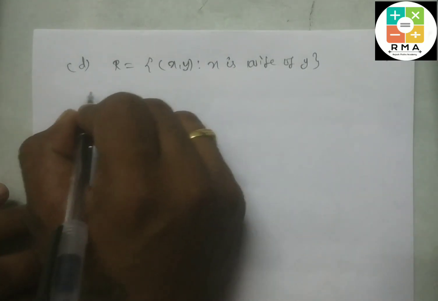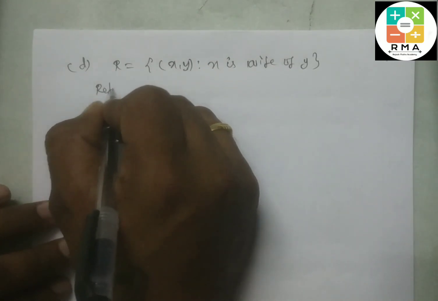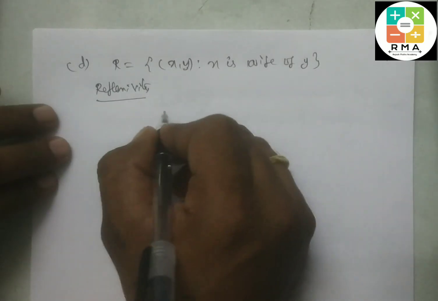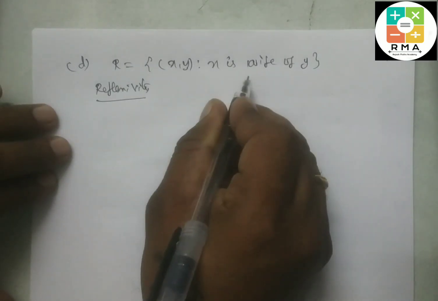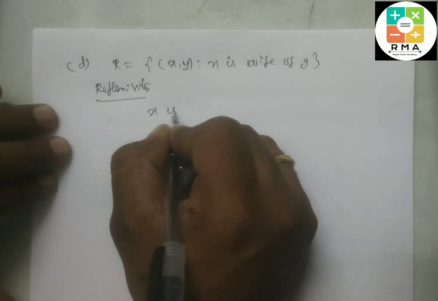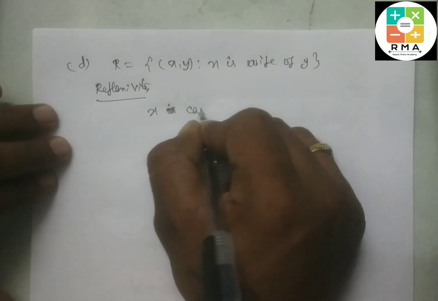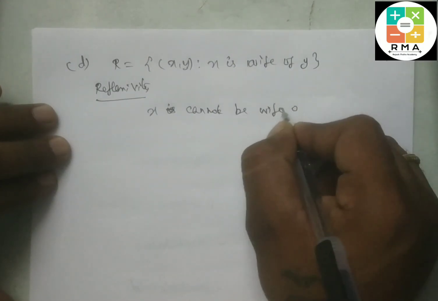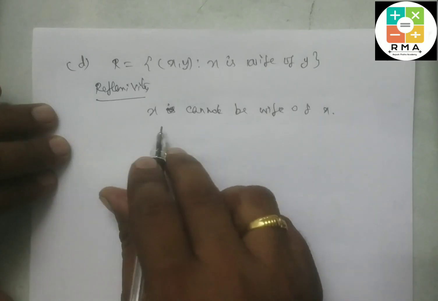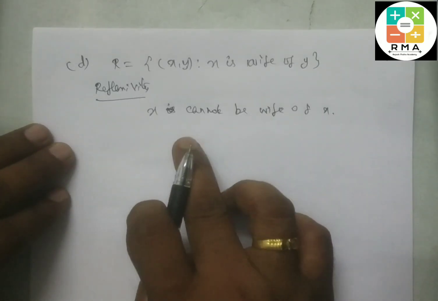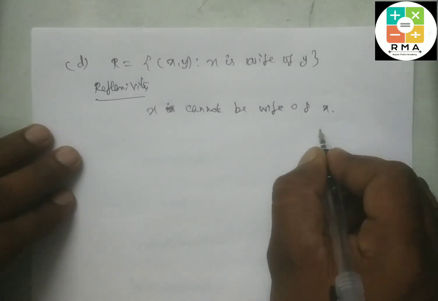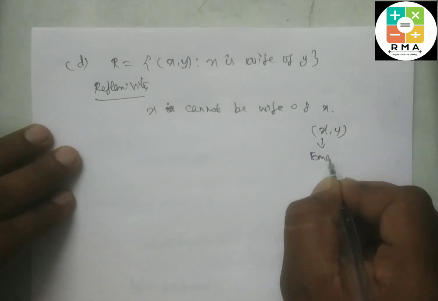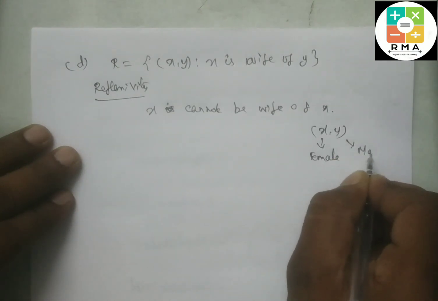So now check the first, reflexivity. What is reflexivity? (x, x) belongs to R is the reflexivity. We can say that x cannot be wife of x. That is, a person cannot be wife of himself or herself, because in (x, y), x must be female and y must be male.